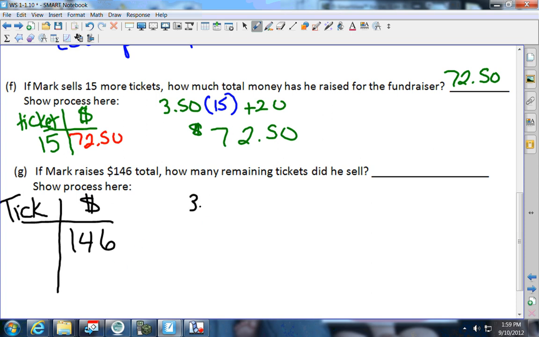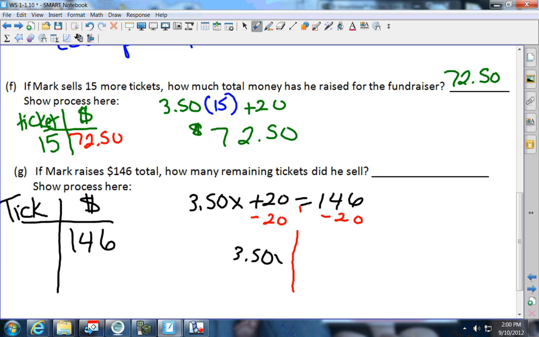Or I could do 350x plus 20, and that equals 146. So with this, I'll subtract 20 from each side, and I'll get 350x equals 126. Divide by 350 to find out what x equals.